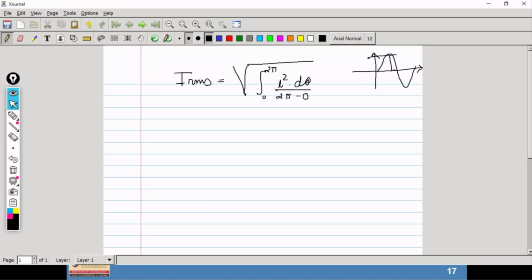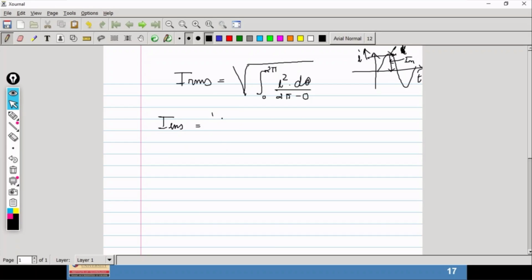Yes or no? This is Im. This is with respect to time t. Or we can say, if we write an expression, then we can write it is i. Okay. So the equation of IRMS for a full wave sinusoidal wave, we can write this. Now here we can solve the equations.